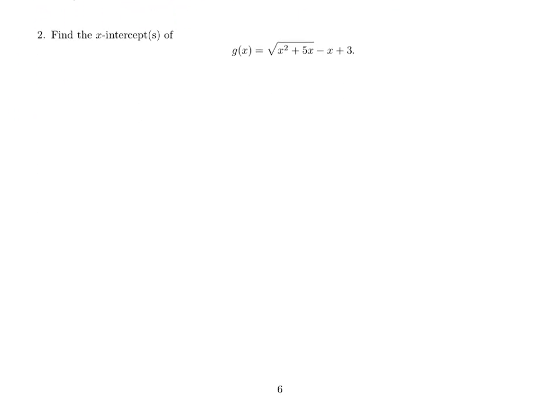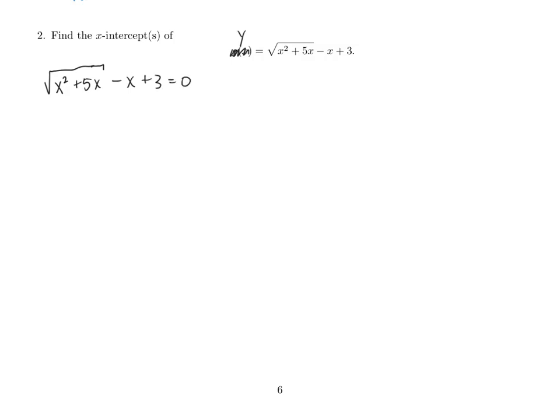All right, number 2. Find the x-intercepts of this equation. So remember, to find the x-intercept, you let y equal 0. Here, this is y. Okay, so we're going to set this equation equal to 0. So we'll have the square root of x squared plus 5x minus x plus 3 equals 0.